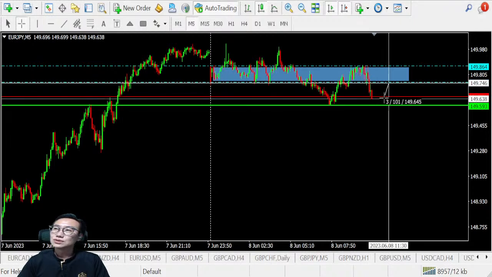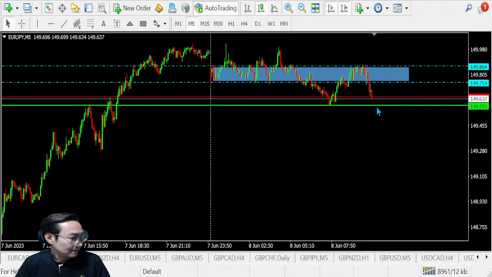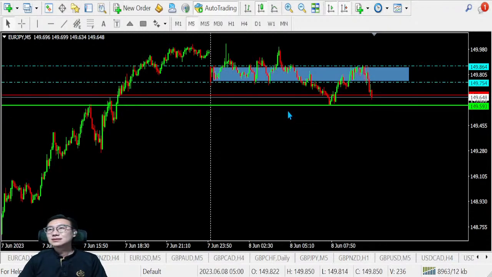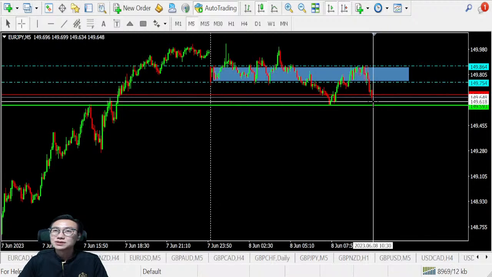Euro yen. Looks like the euro yen started to sell down over here. Let's wait first. Can you imagine if euro yen breaks out of the support 149.593?